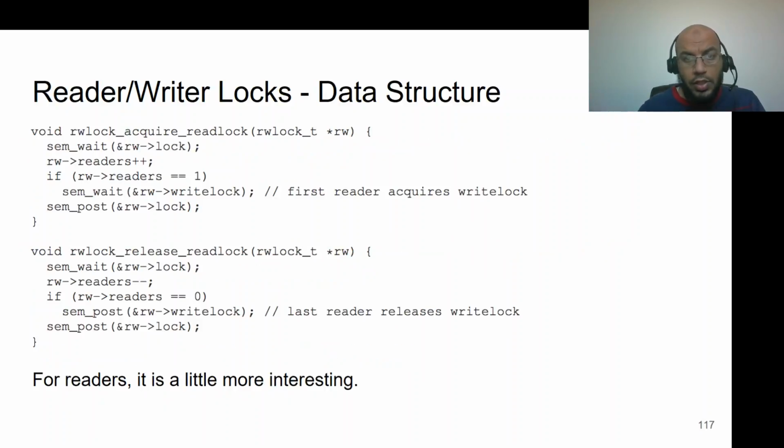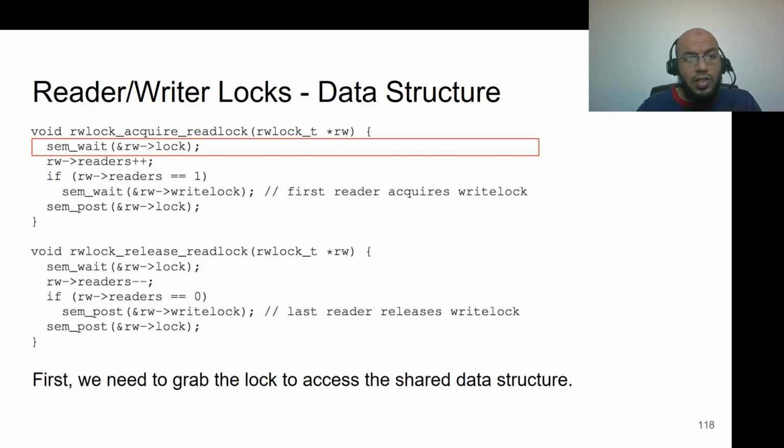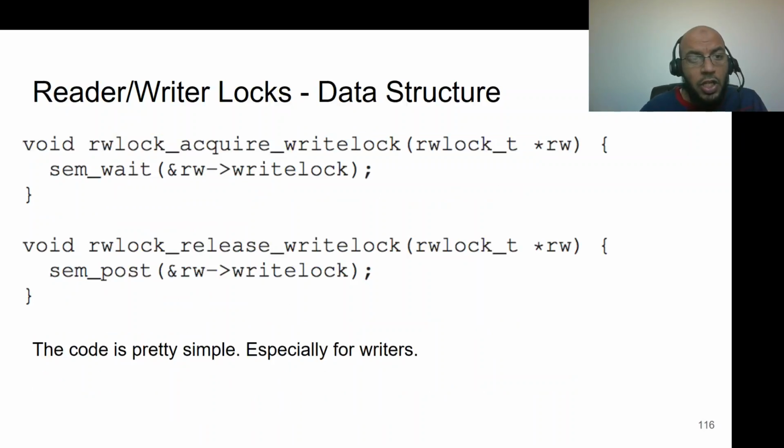Now for the readers, it's a bit more interesting, because in the beginning, to acquire the read lock, you lock the whole data structure. So you acquire the general lock, because when you acquire the general lock, you're going to also change the readers. If you acquire the general lock, no one else can change the number of readers.